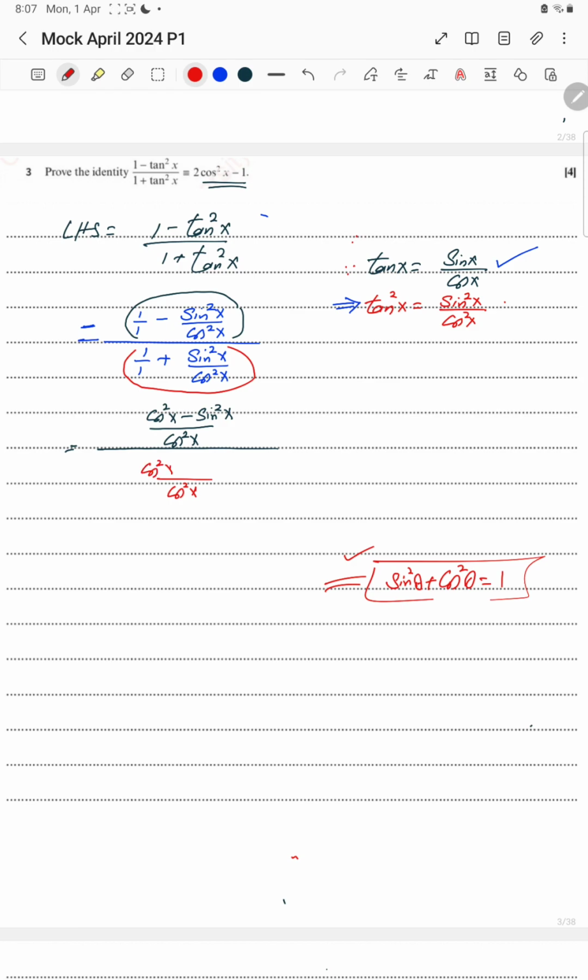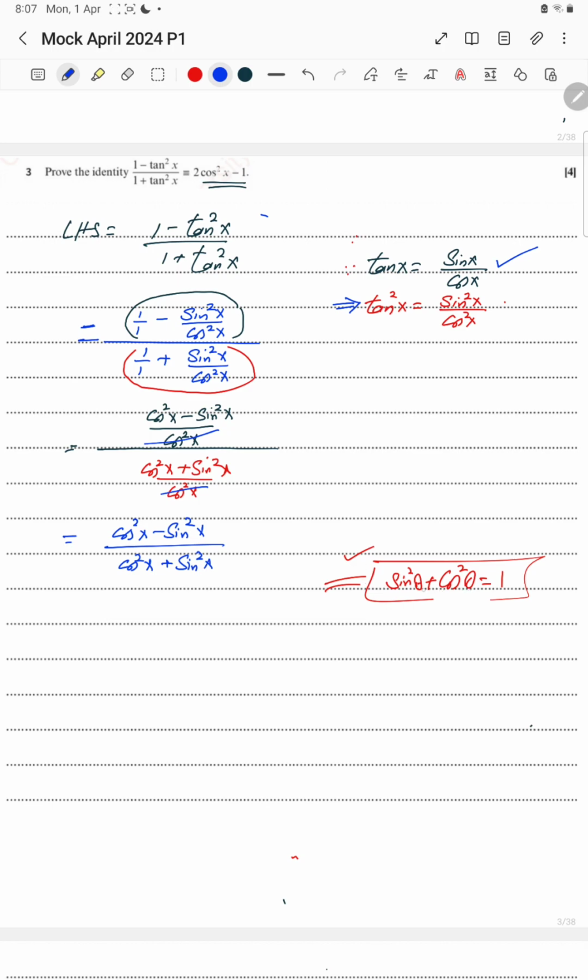It will be cos square of x plus sine square of x, right? So the LCM will be cancelled with the other. The rest is cos square x minus sine square x over cos square x plus sine square x.